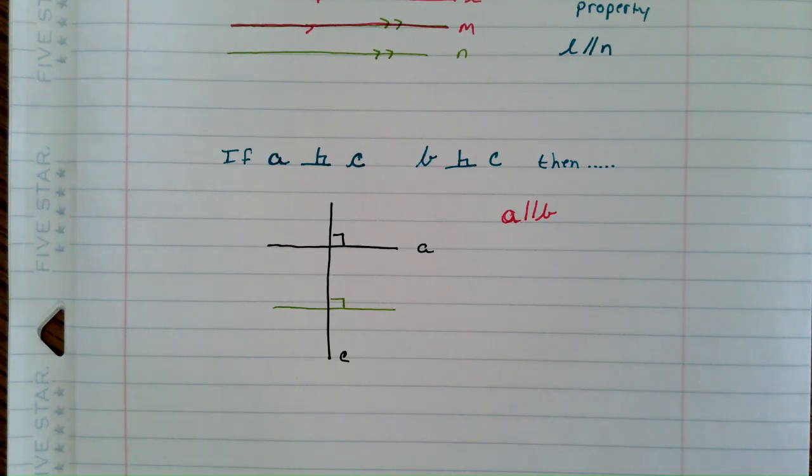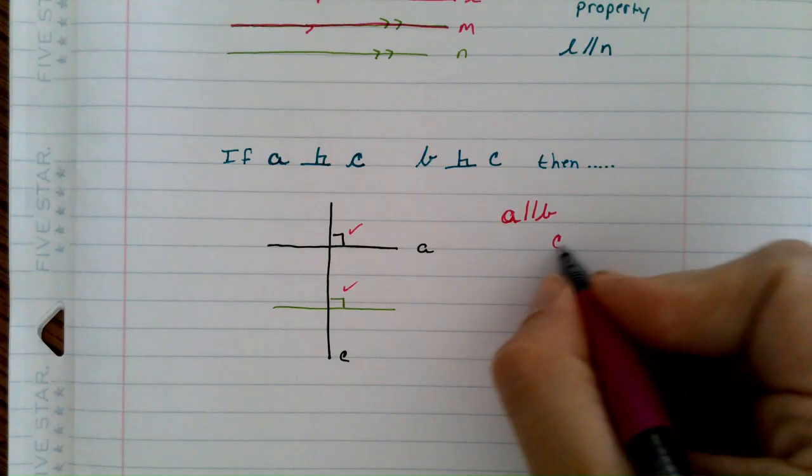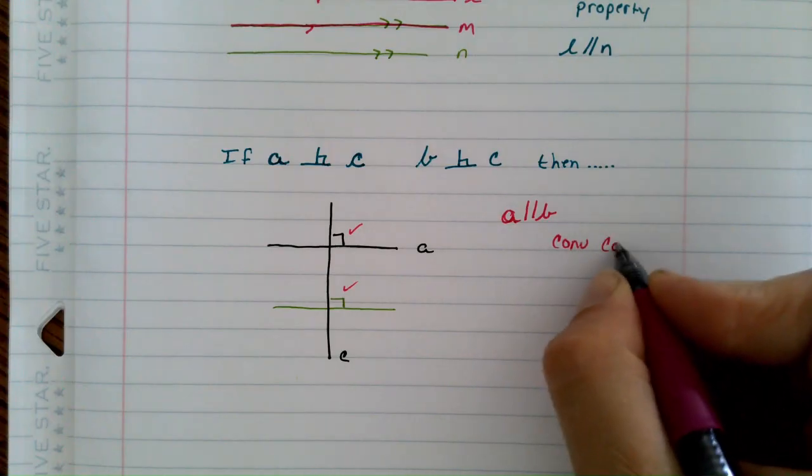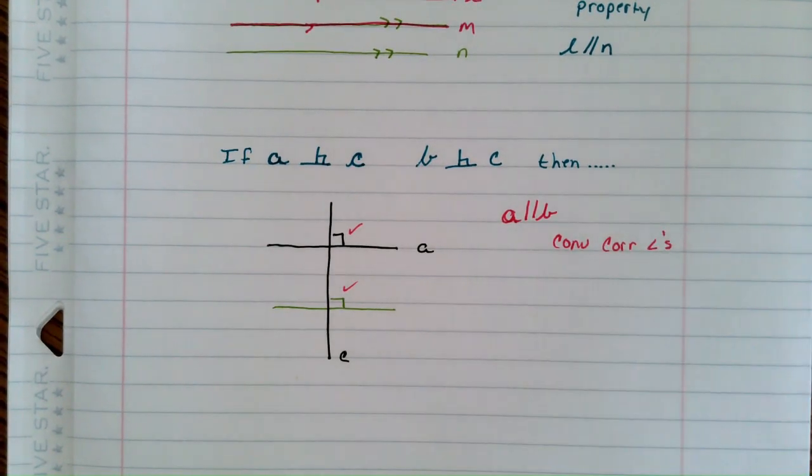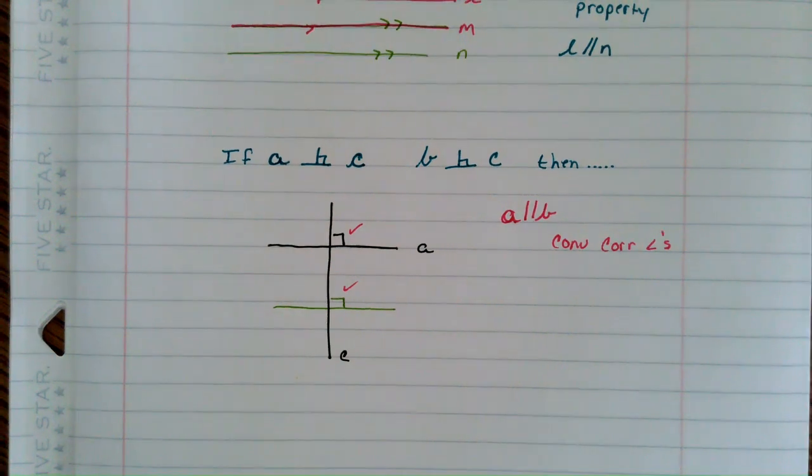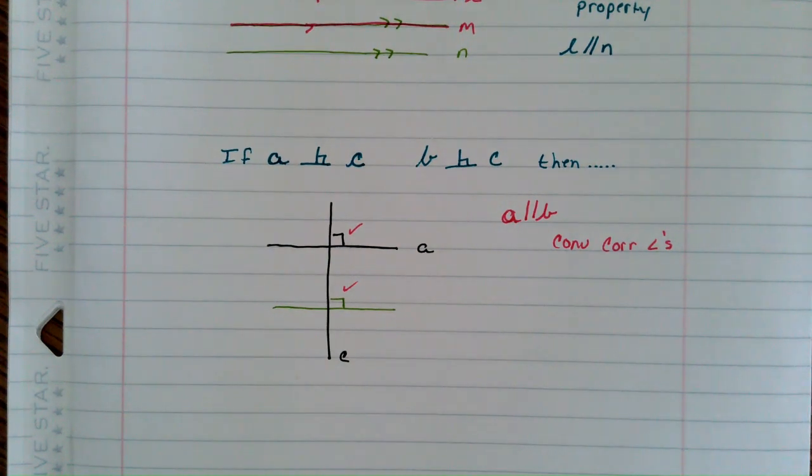And we can state that because, look at this, corresponding angles, right? Converse, corresponding angles. So again, anything that you can say is true in forward about a parallel line is also true in reverse. If I tell you their angles have that relationship, then you can guarantee that the lines are parallel.